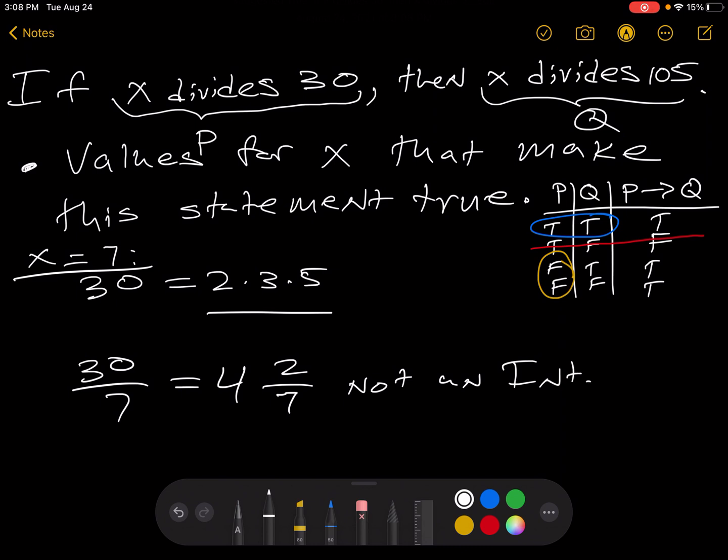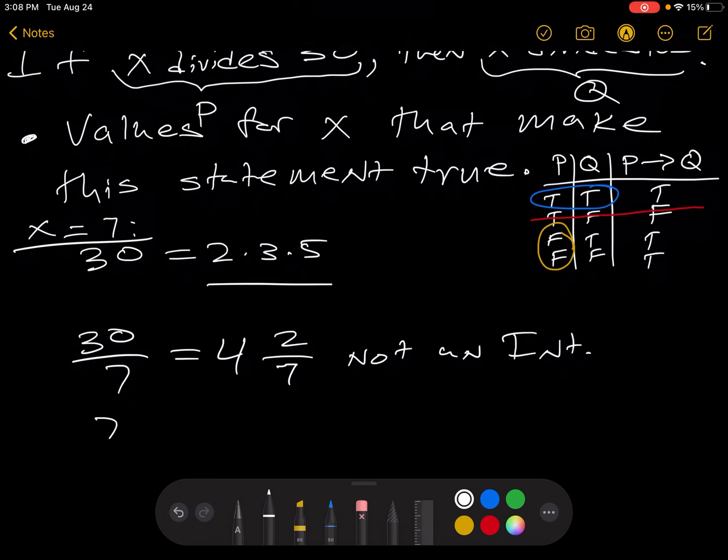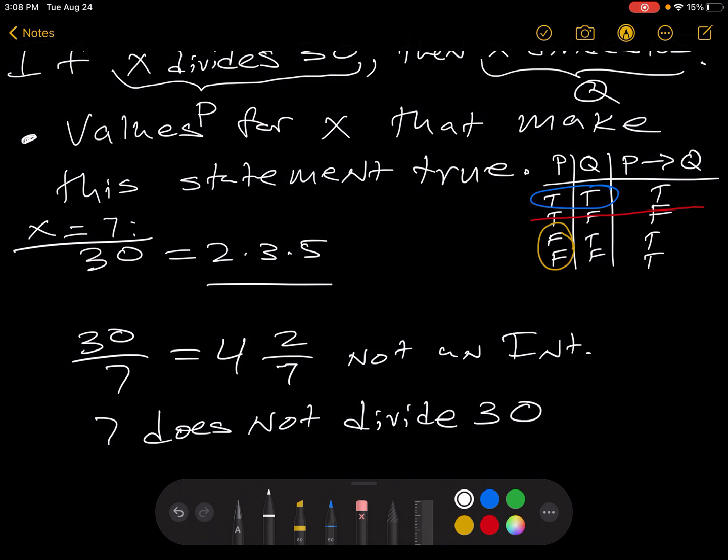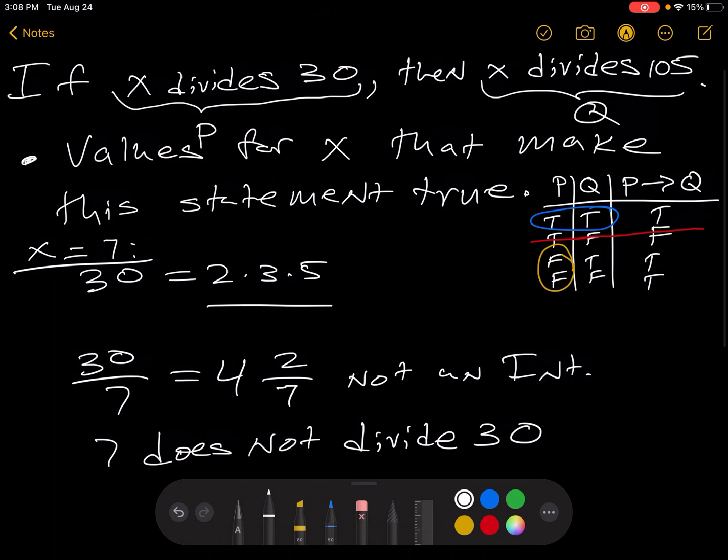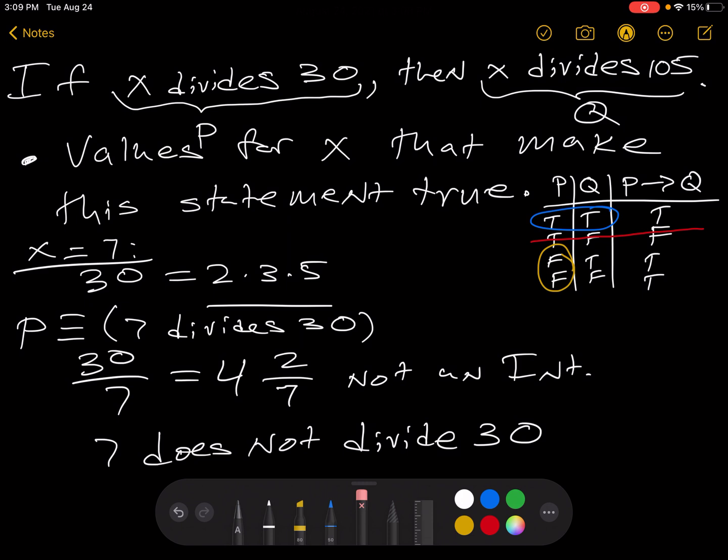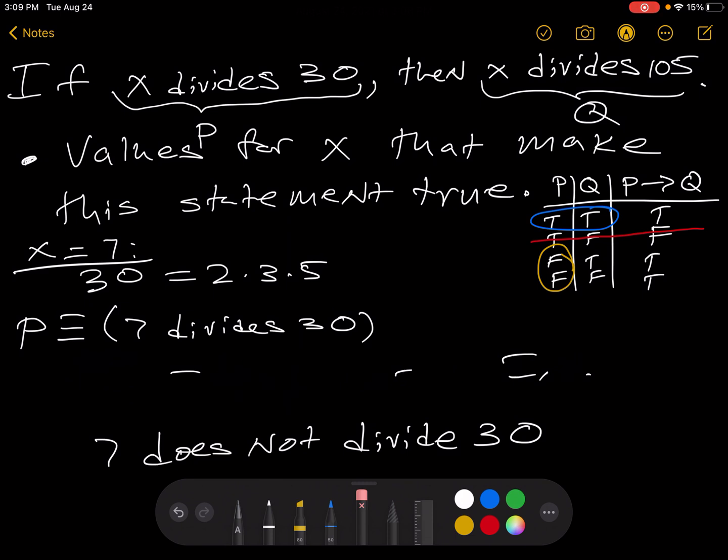So 30 over 7 is not an integer, so that tells us that 7 does not divide 30. Well, if 7 does not divide 30, then that means that P, which is 7 divides 30, is false.